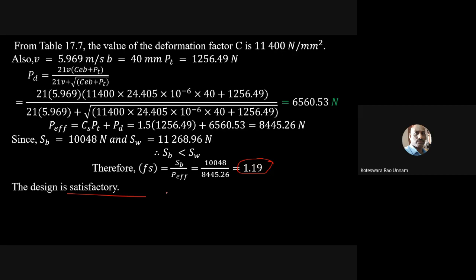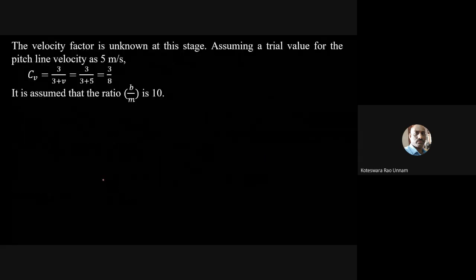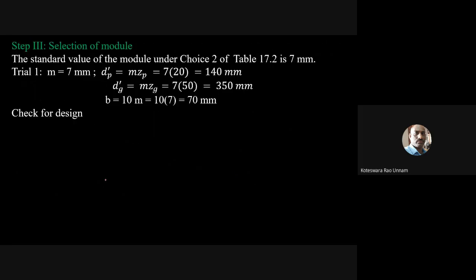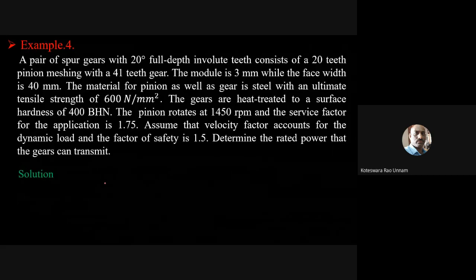Still we have 7 more minutes. In 7 more minutes, I think I can discuss one more problem also. That is also a straightforward and simple problem. This is the problem I want to discuss.